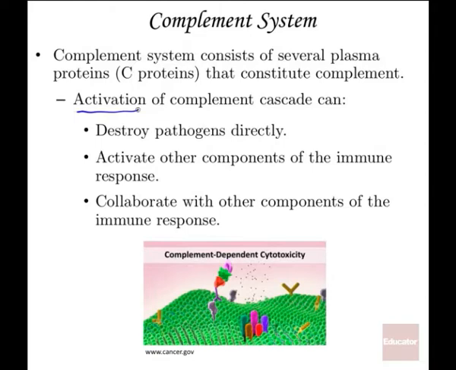Most of the function of complement is actually to activate and alert other components of the immune system, and it also collaborates. It alerts other parts of the immune system, and it collaborates with other cells of the immune system to basically eradicate pathogens, but also promote healing in a wound.